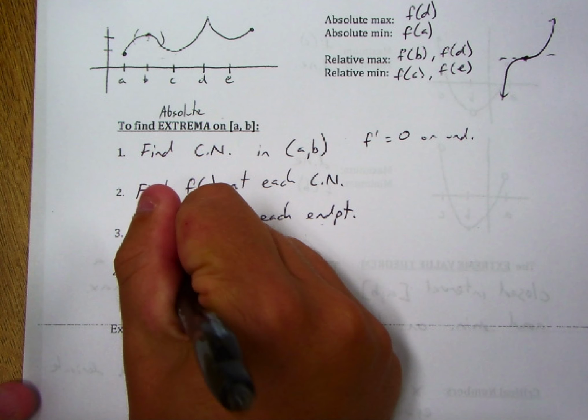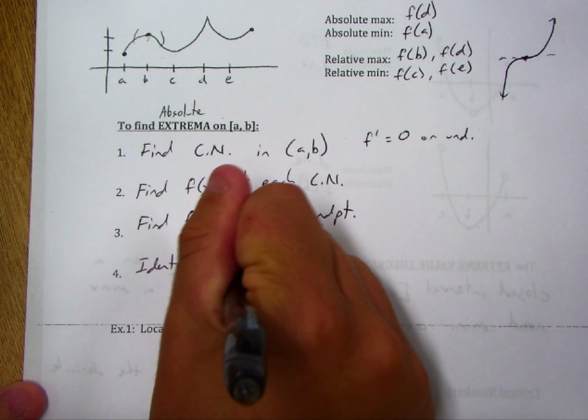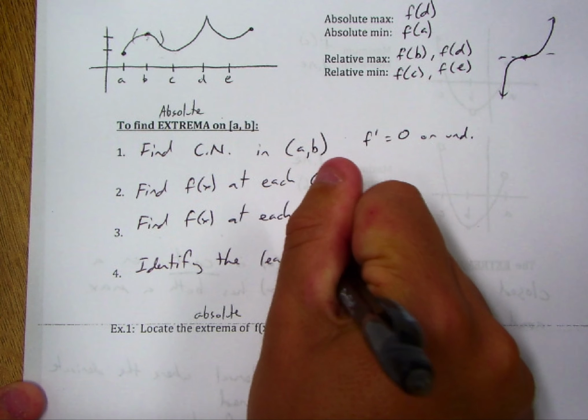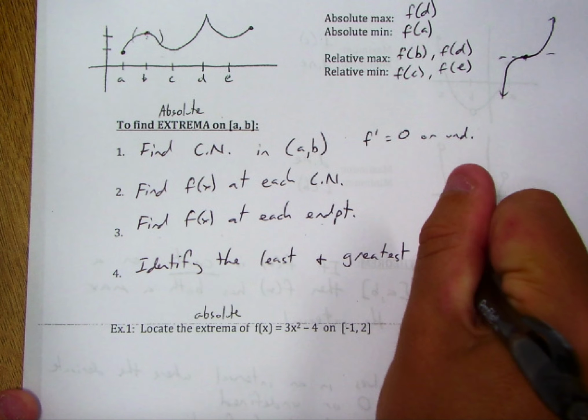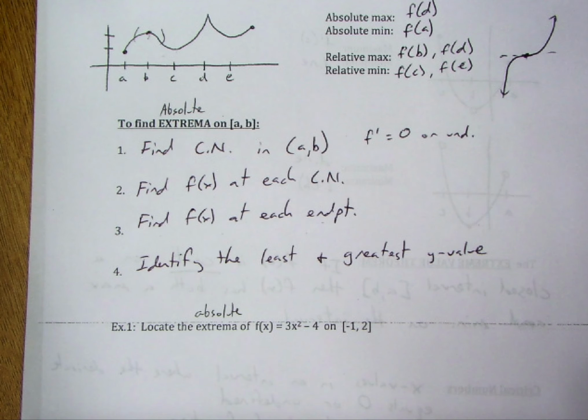Identify the least and greatest y value. Find your critical numbers, plug those and the endpoints into your function, and just see with your eyes what's the biggest and what's the smallest.